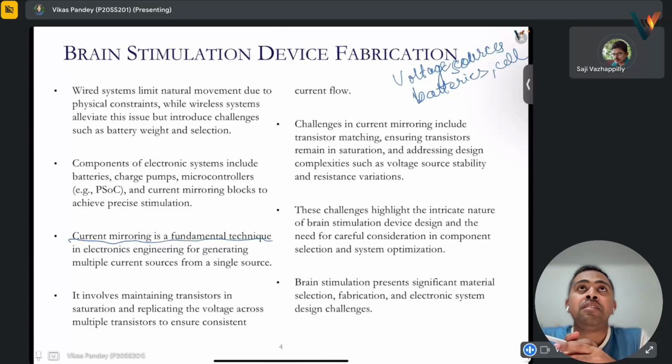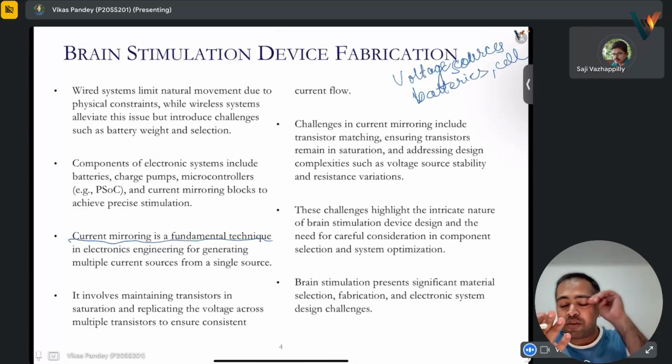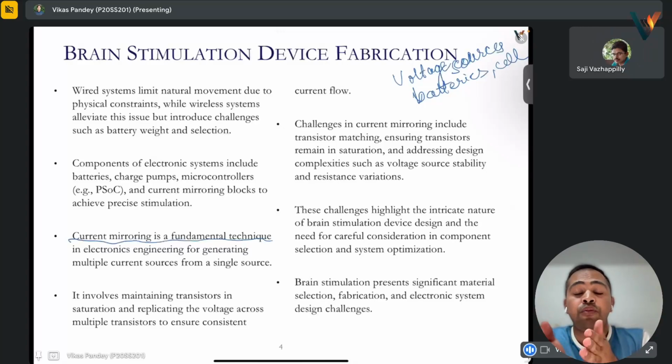Yeah. Because in general, whatever we are using are generally voltage sources. There is one current source, but what we do is convert it into a voltage source. Solar panels are actually one example of a current source. In them, direct electron flow is generated.